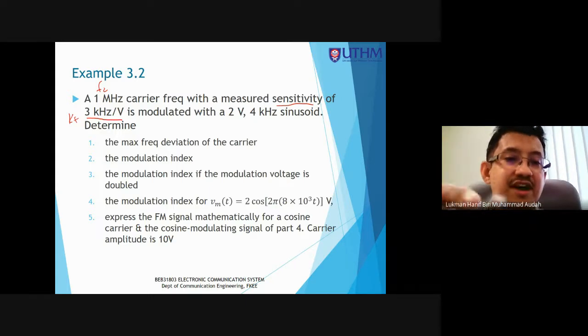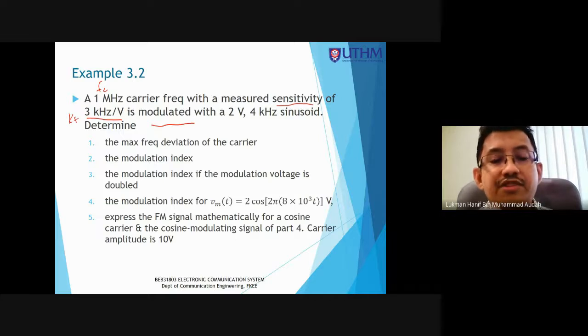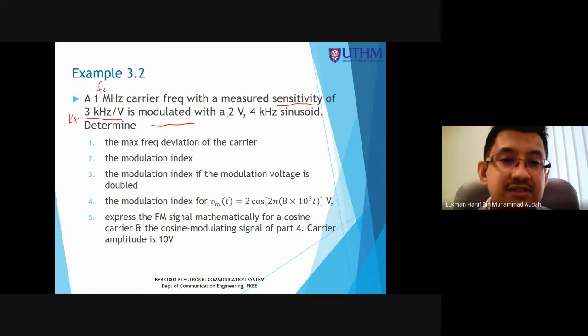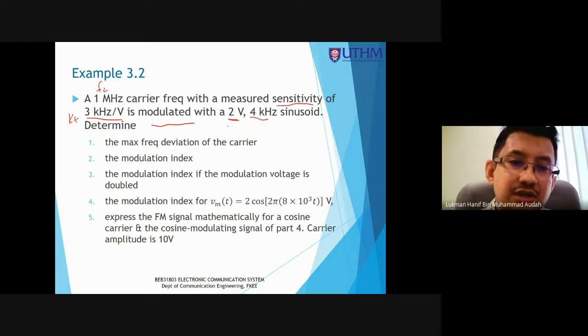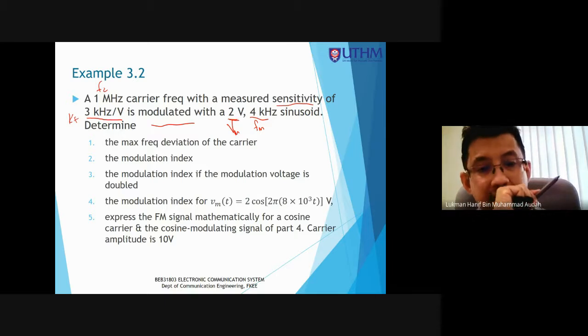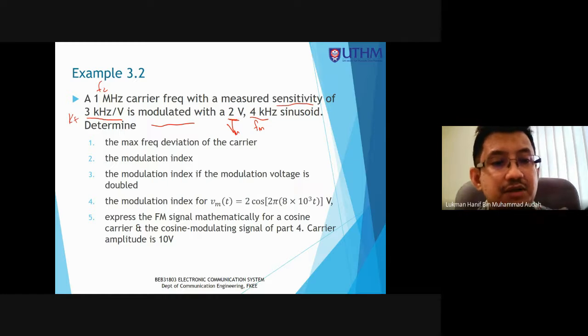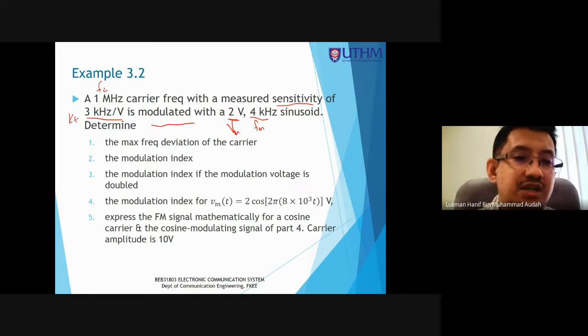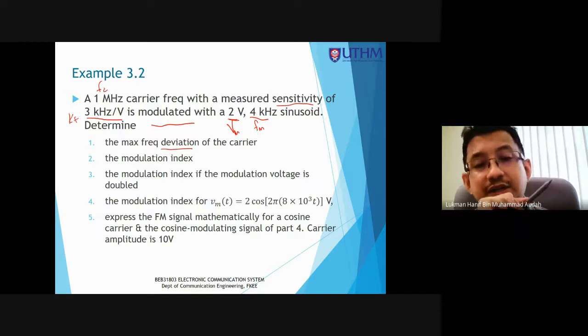So that means this carrier is modulated with another signal. This other signal is actually the information signal which has an amplitude of 2 volt and frequency of 4 kHz. So this is VM, the peak amplitude of VM, and this is FM. Nampak. So now what? The question asks, determine the maximum frequency deviation of the carrier.